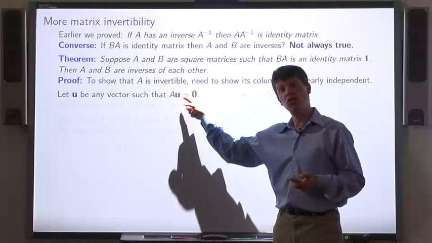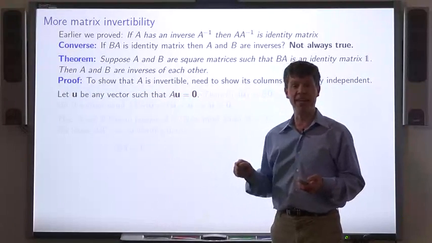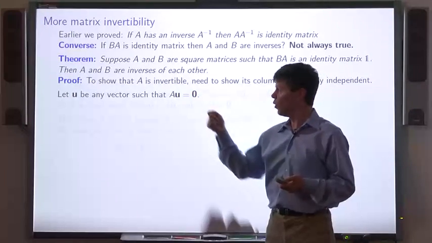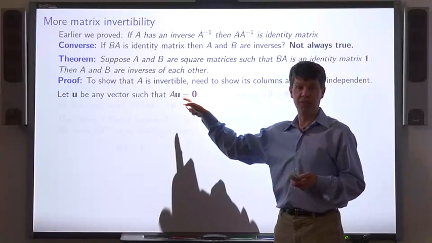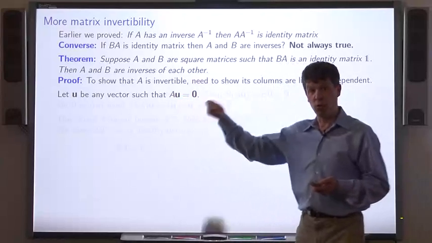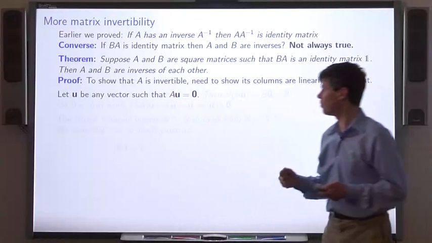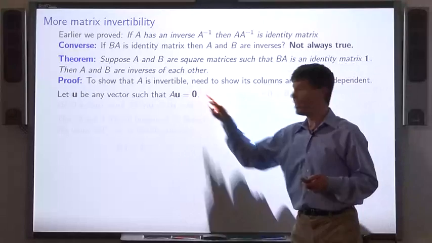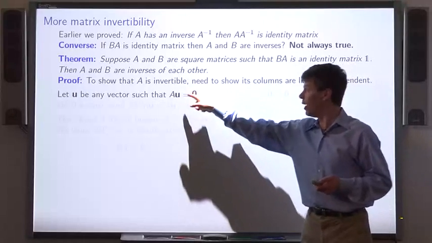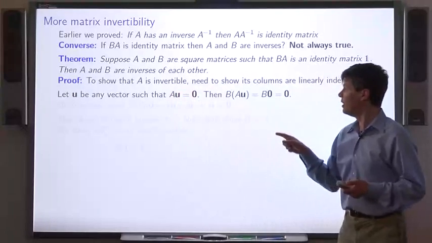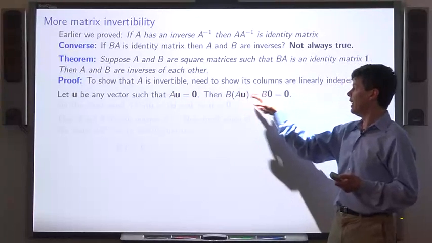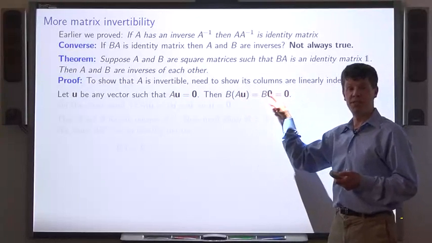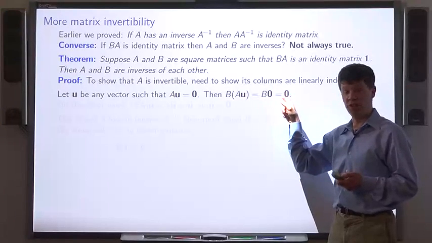That is, A times u is a linear combination of the columns of A. And we need to show that the coefficients, the entries of u, have to therefore all be 0. We're using this equation. Multiplying this equation by B on both sides gives us B times A times u equals B times the 0 vector, which of course is the 0 vector.